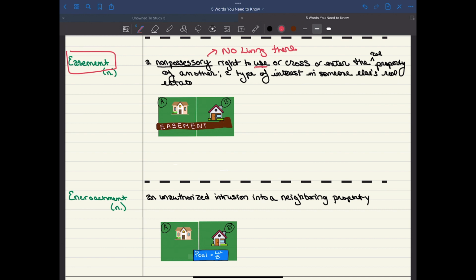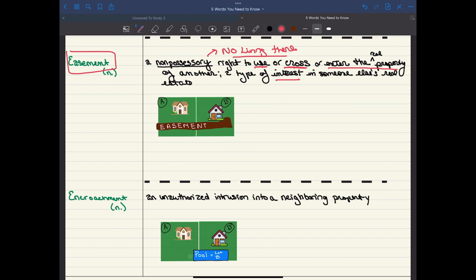You can cross the land or you can enter the property, but what you don't get is the right to live in a property. It's the right to cross somebody's property. So it's a type of interest. It tells you what you can or can't do. On a test question, if you see anything that says, Betty has an easement, doesn't matter what kind of easement it is, it automatically tells you that she cannot live there.